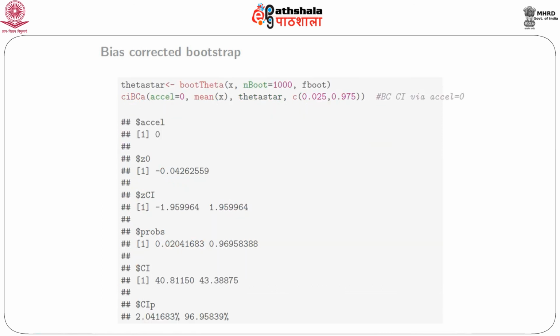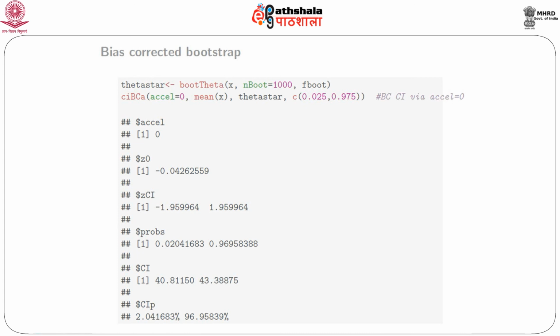If we use this command to generate the resampled estimates, theta star is boot theta of x, n boot equal to 1000, and f boot. f boot performs the mean, so theta star is nothing but 1000 bootstrap means.